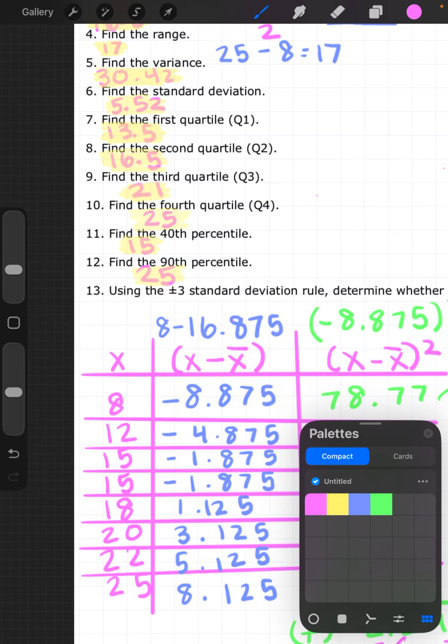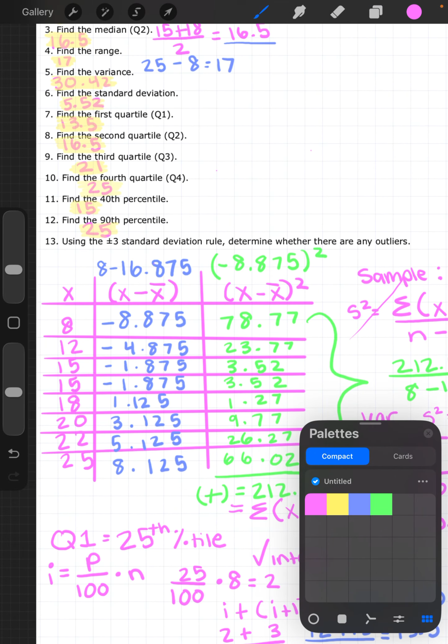Okay, and now we're going to find if we have any outliers. And in this course, it's going to be 3 standard deviations. So to find it, it's going to be the mean plus or minus 3 deviations.